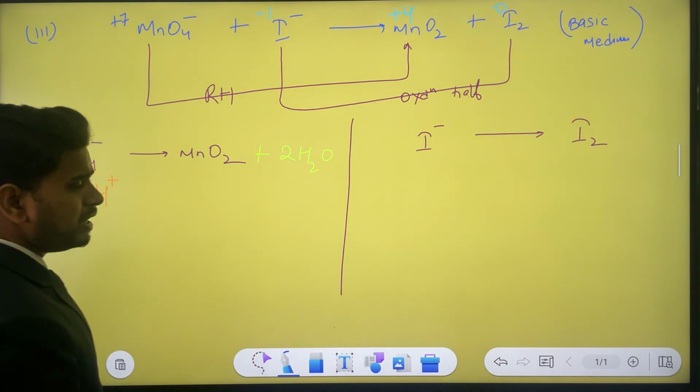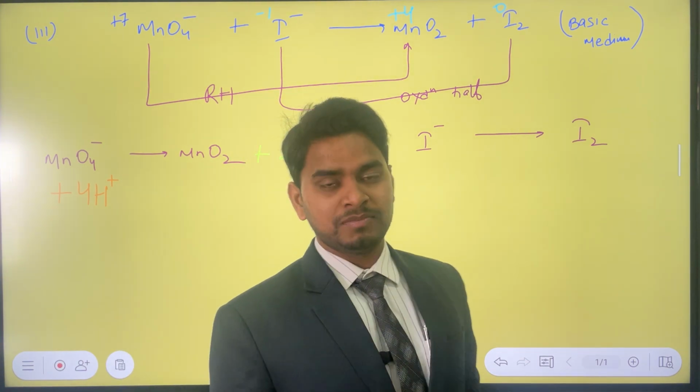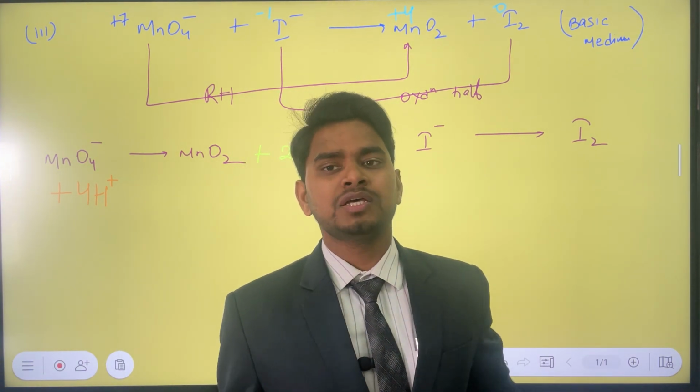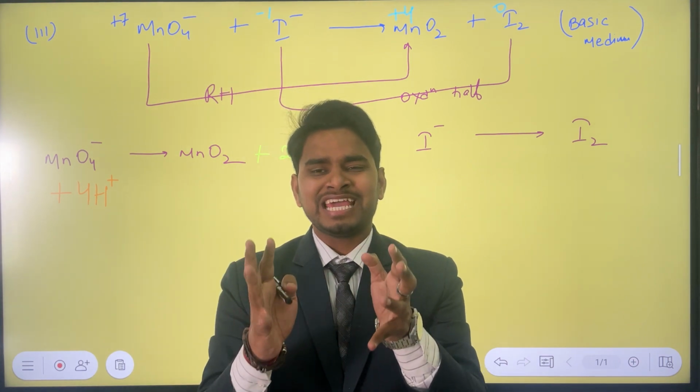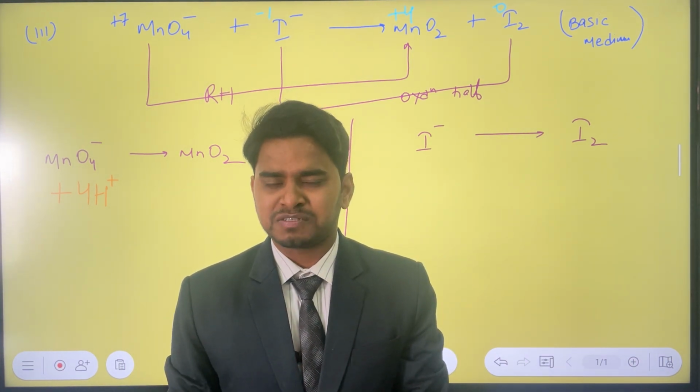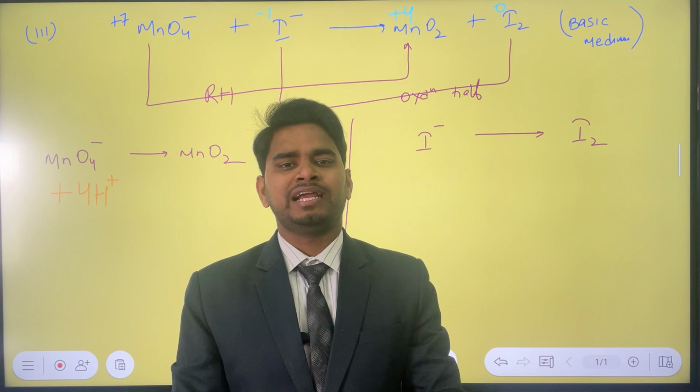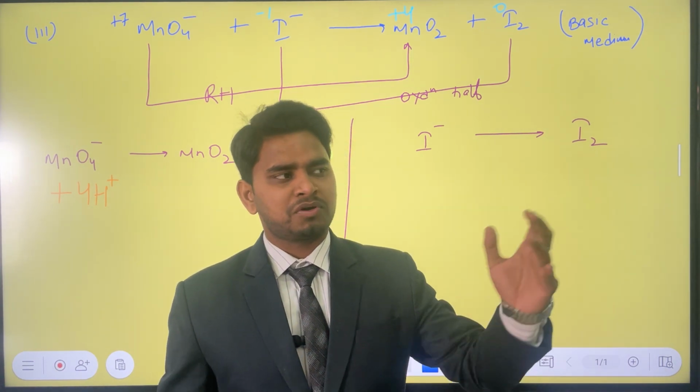But as told, this is a basic medium. So what we do is add the same number of OH minus to both sides, equal to the number of H plus.